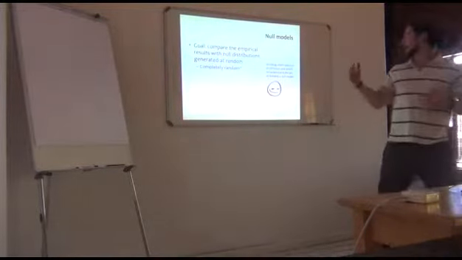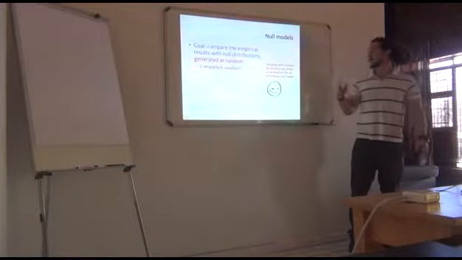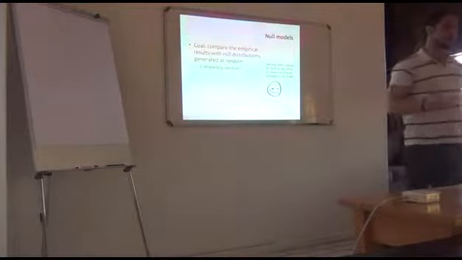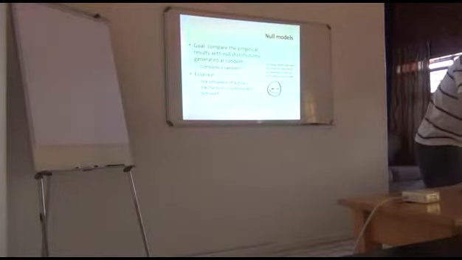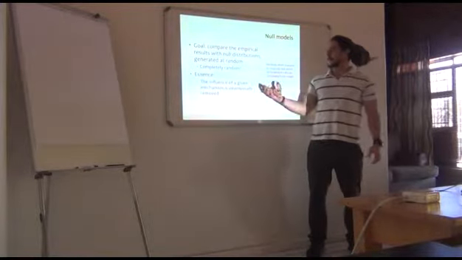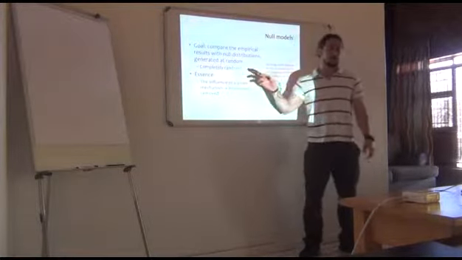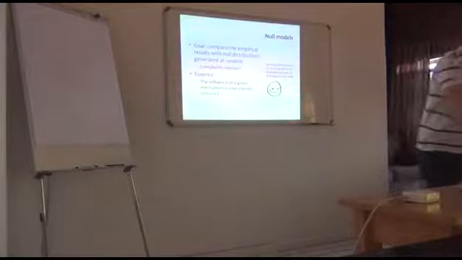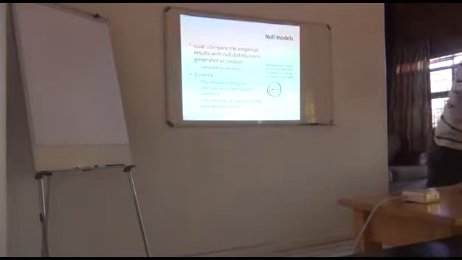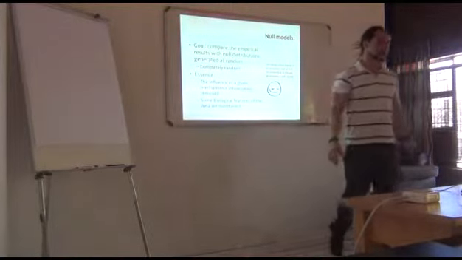So deciding which features of the empirical data to constrain and which ones to randomize is actually the art of building your null model. What we want here is to create a null distribution where we remove the influence of a given mechanism, but at the same time keep some biological features of this data set.